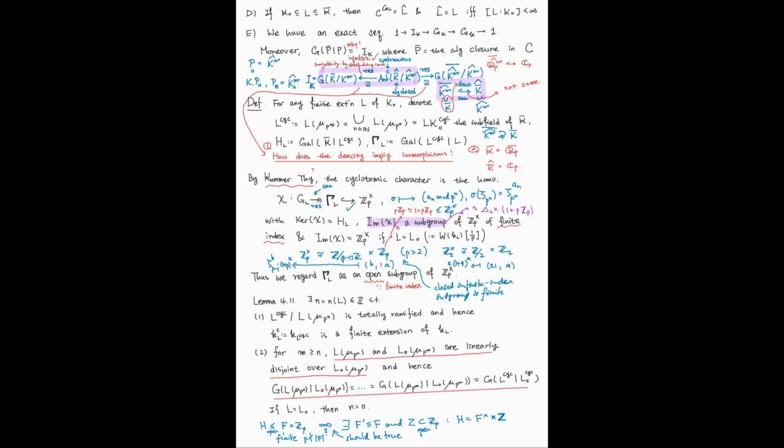B maps to zeta p minus 1 to the power B times 1 plus P to the power A. And then you can try to prove that a closed infinite index subgroup is finite.